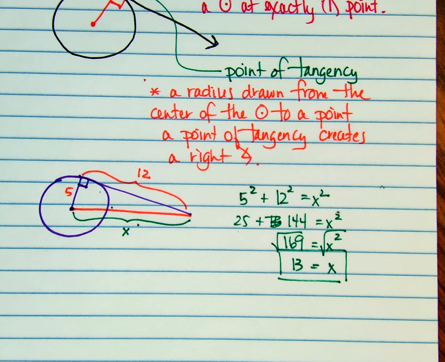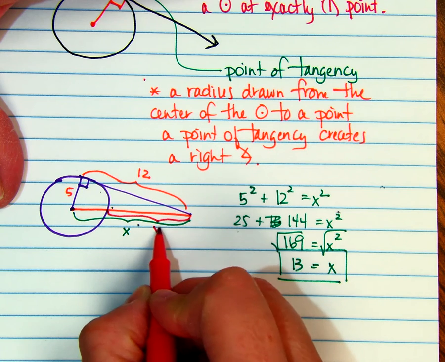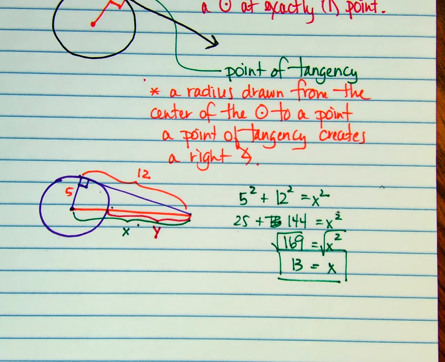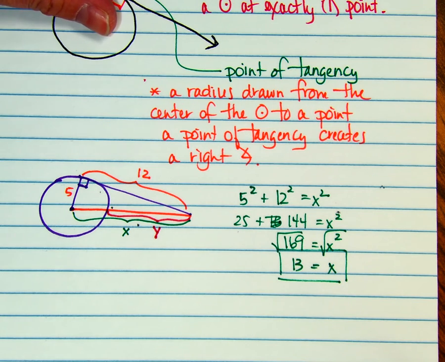So if I am looking for this piece, I'm going to label this piece as y. Okay, so if that is y, how long is y? You might want to pause and look at it for a little bit.